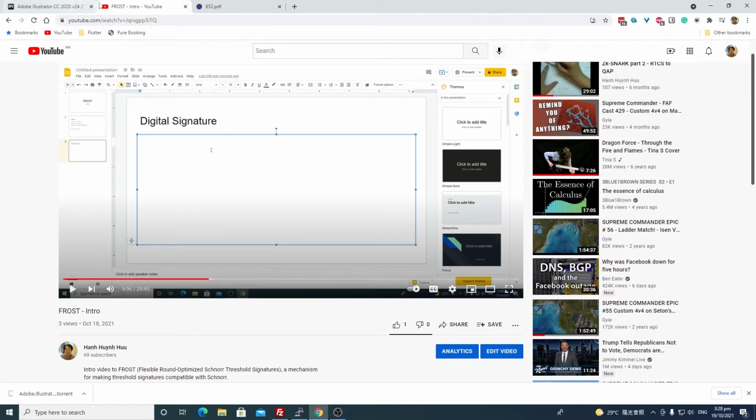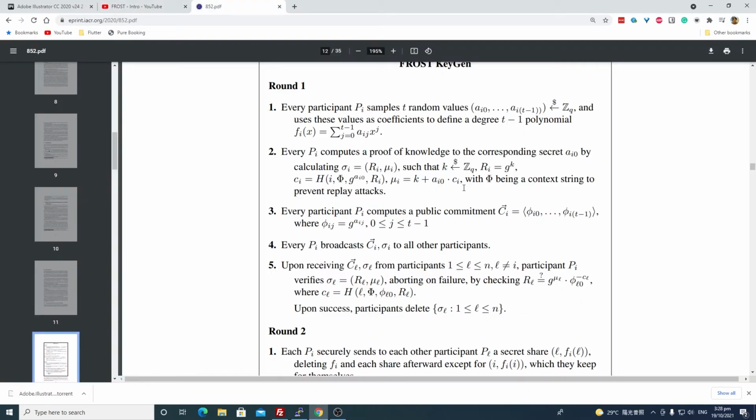I don't think I did introduce Schnorr, but this is actually Schnorr. So this is a signature. Basically, you're signing phi as your message. We can take a look at this algorithm later, especially when we do the signing and verification of Schnorr.